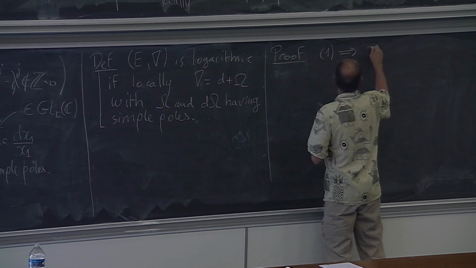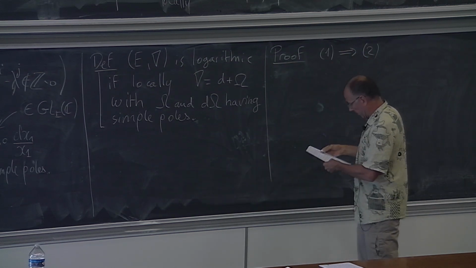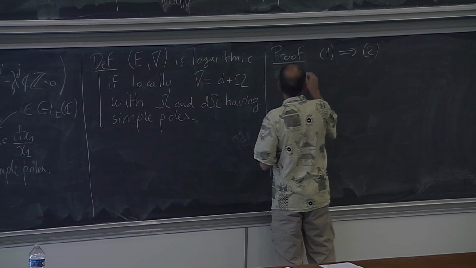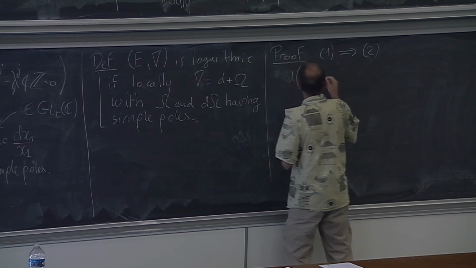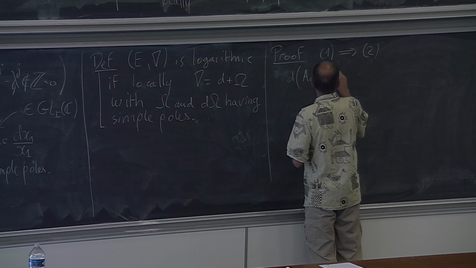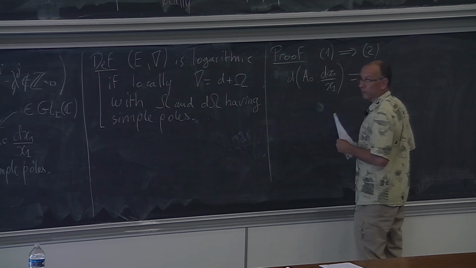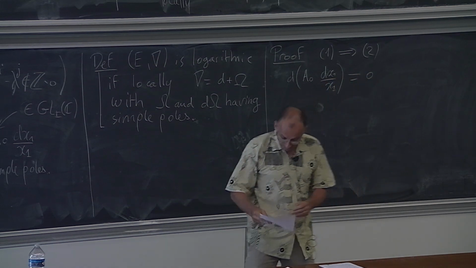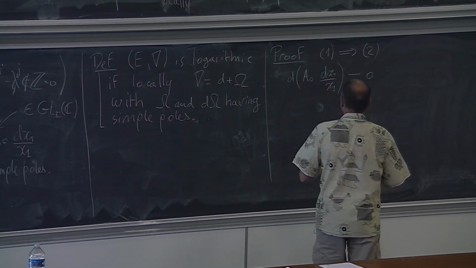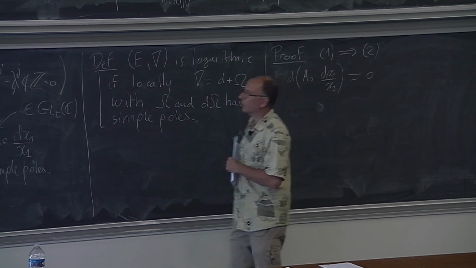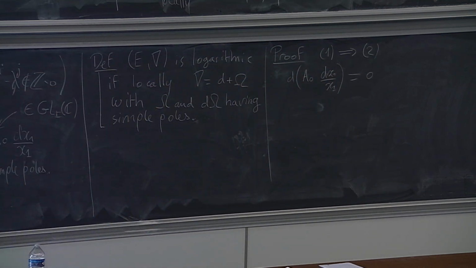So to begin, a remark is that d of A0 dx1 over x1 is 0, so it has at most simple poles. But this is not enough because this is a normal form after normalization.